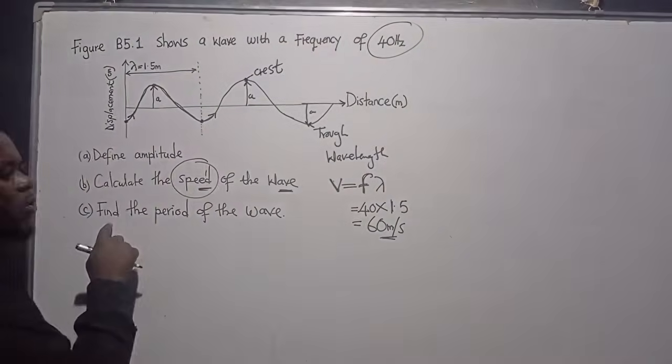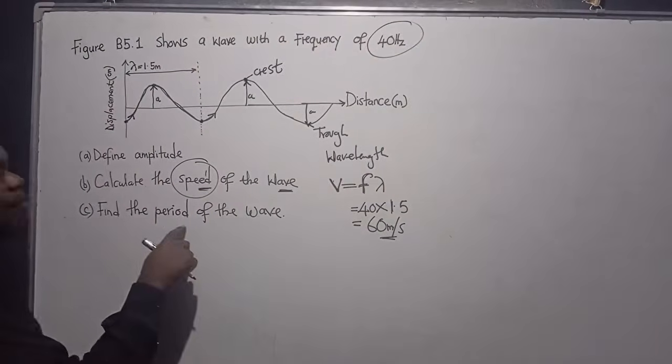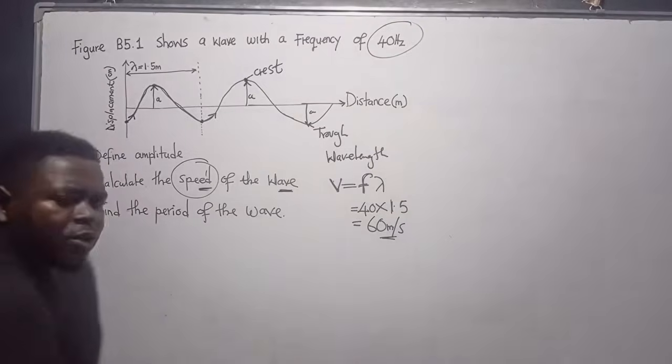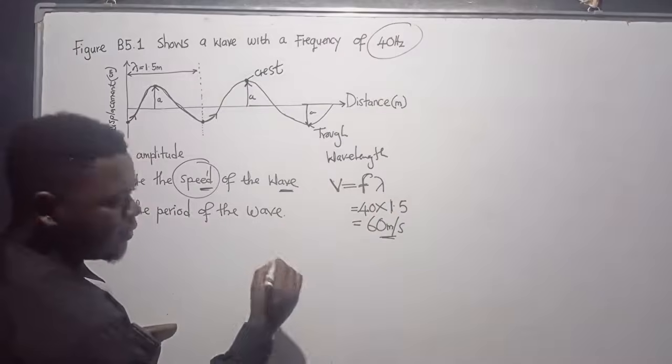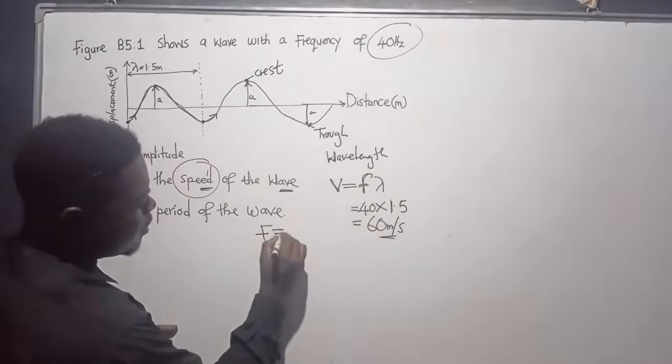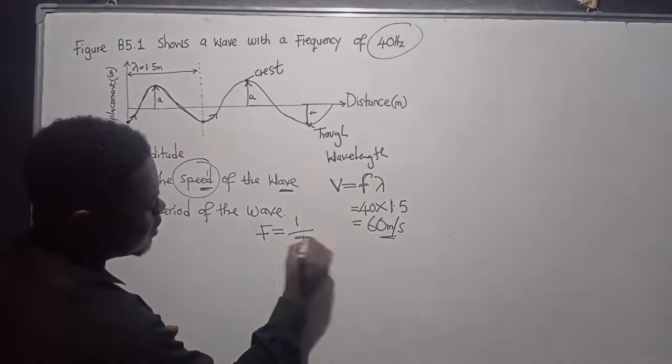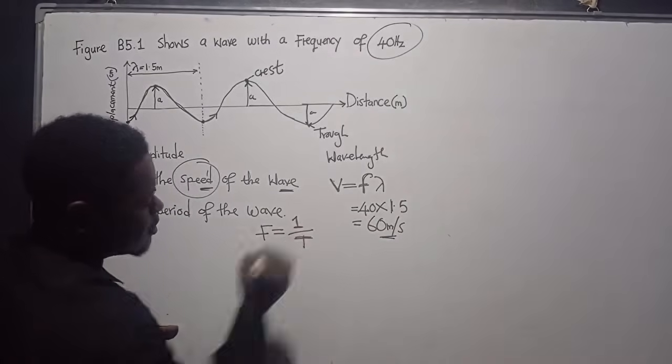Now we go to this one that is here. Find the period of the wave. So you understand that if you are told to find frequency, frequency is equal to 1 over period, isn't it? This is the formula we get to use.